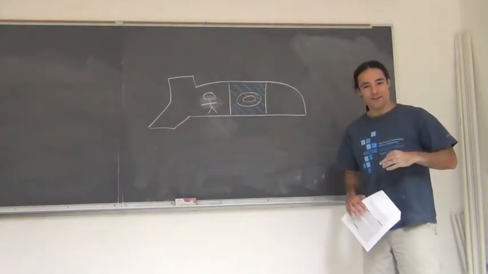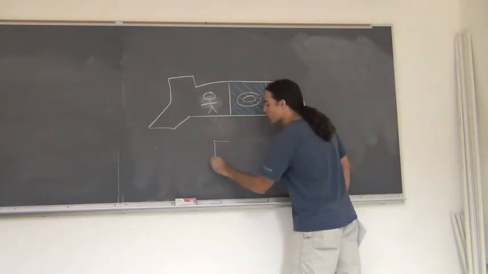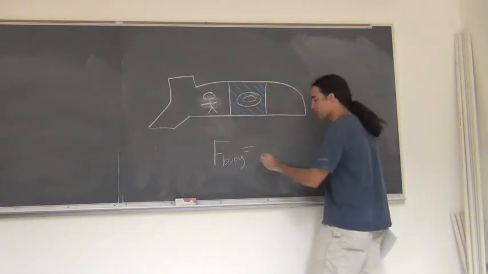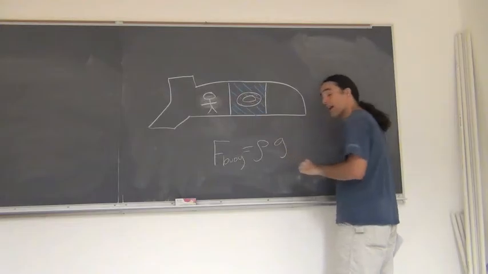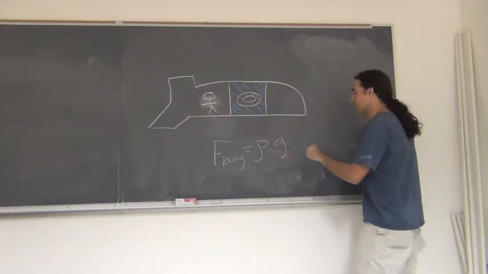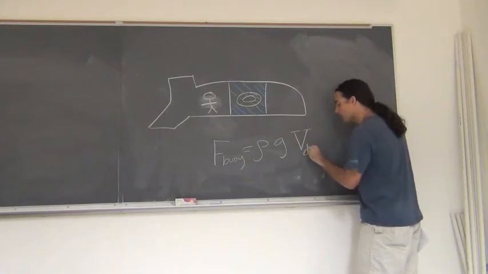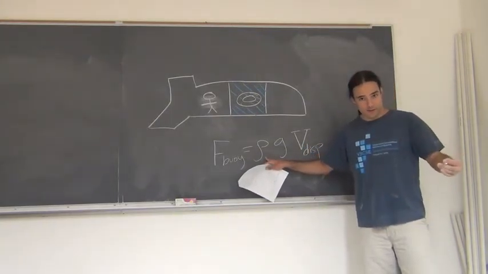All right, let's see if we can figure out what's going on. So I know I have a formula for the buoyant force. The formula says you've got the density of the fluid times the gravitational field, the acceleration of gravity, times the volume of fluid displaced. Now the density of fluid is just going to be the density of the water.